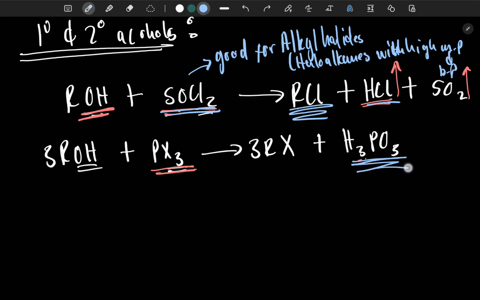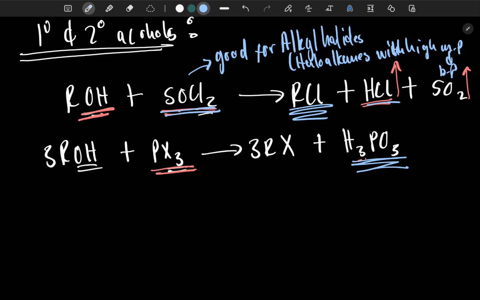But this H3PO3 is different. Its boiling point is about 75 degrees Celsius. That's a high one. These others have negative values, so they turn to gas even at room temperature. Here your HCl is going to turn to a gas very fast.